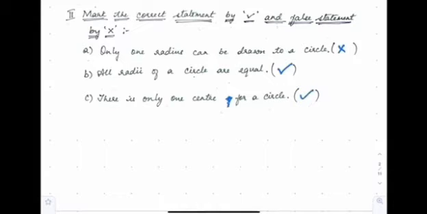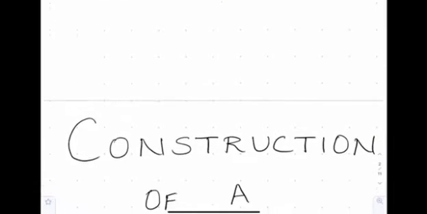Okay. Now, we have understood about the different parts of a circle till now, and what the components are that a circle needs to be formed. Now moving on, in this new session we will learn how to construct a circle.